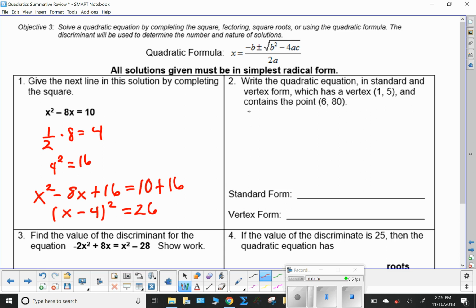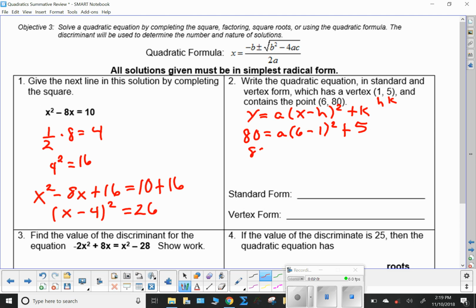Well, remember that we have y equals a times x minus h quantity squared plus k, where the vertex is h, k, and then the other point is our x, y. So we have 80 is equal to a times 6 minus 1 quantity squared plus 5.